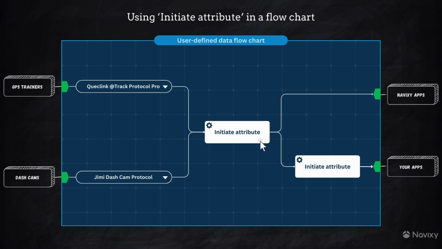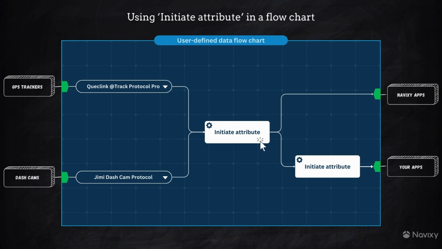Regardless of the source, data flows into our Initiate Attribute nodes. As mentioned, they allow you to create new data points, transform existing ones, or combine information from multiple sources. It's also important to note that these nodes can be chained together. This chaining breaks down complex data manipulations into simple steps.